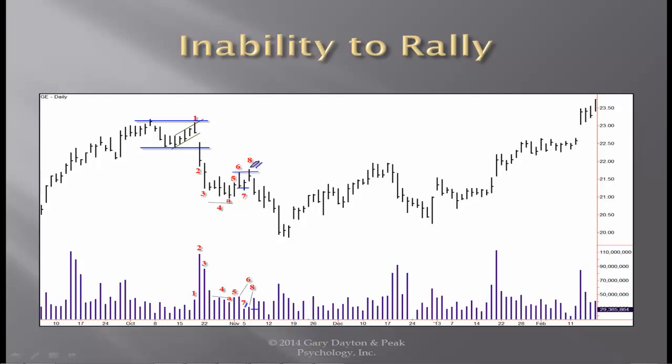On the intraday, it's an upthrust. There's no ability to rally. We come back into this area of high supply, and we're trying to push through it on declining volume. It's not going to happen.